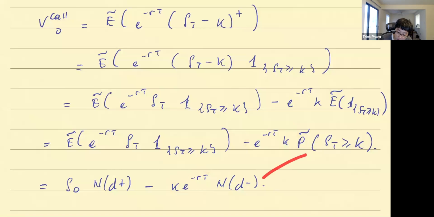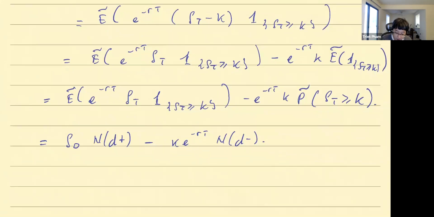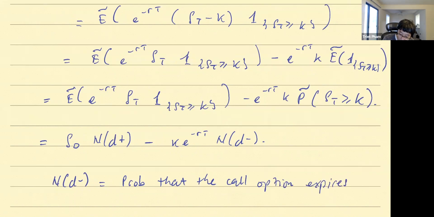So that means this term must be this. In other words, N(d minus) is nothing but the probability that your option expires in the money.